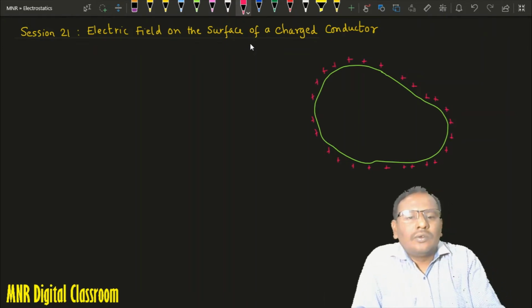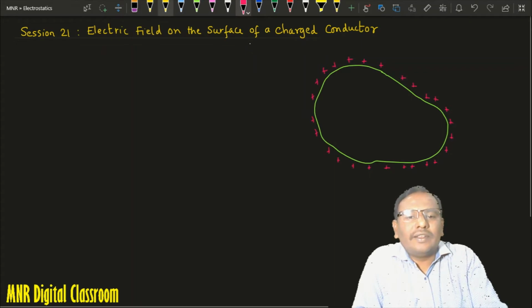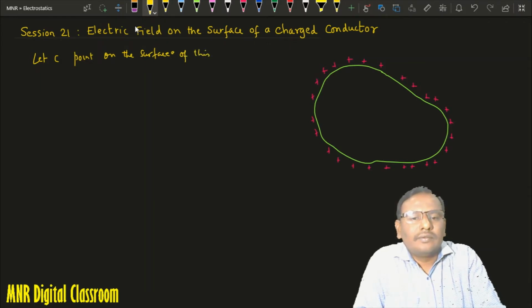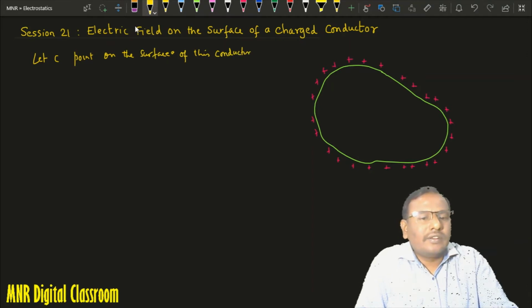Now let us consider a point C. Let C be a point on the surface of this conductor, just on the surface of this conductor.